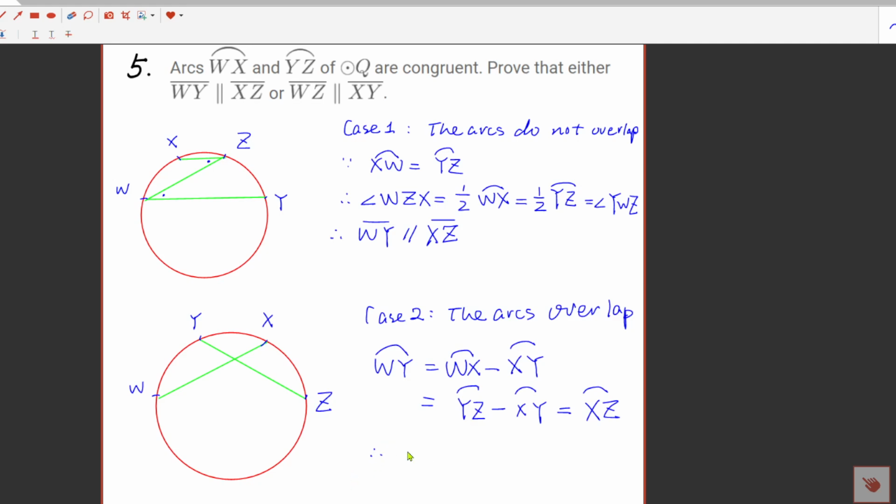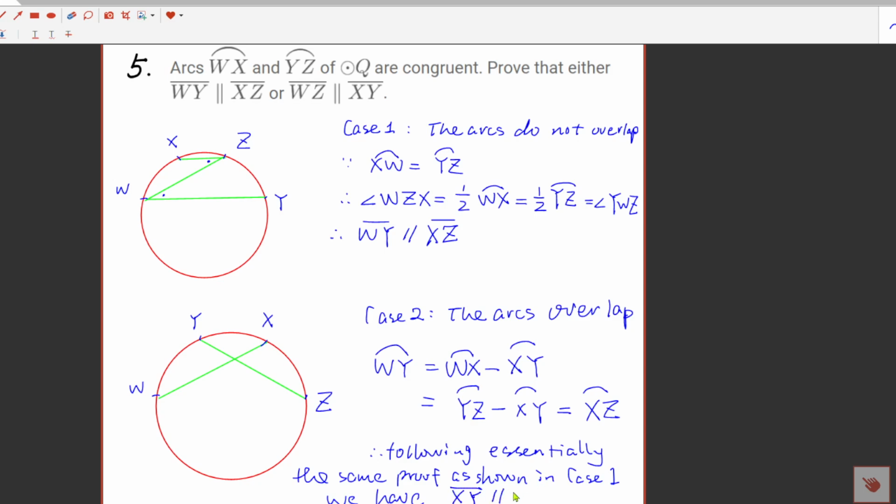Therefore, following essentially the same proof as shown in case 1, we have segment XY parallel with segment WZ, right?